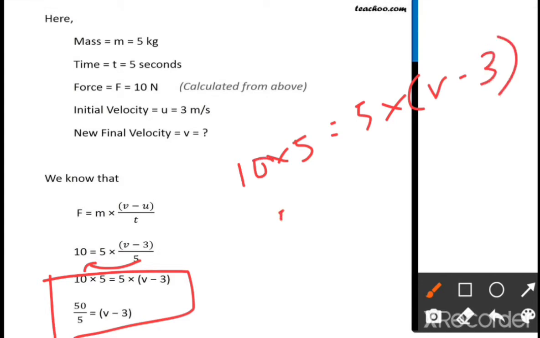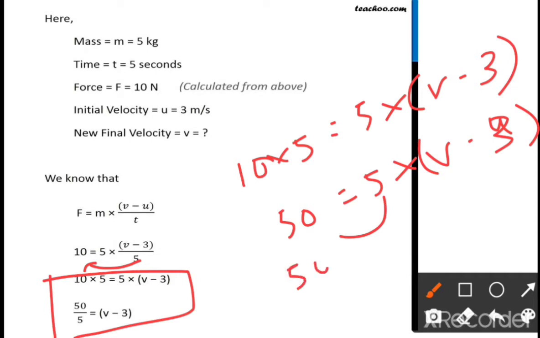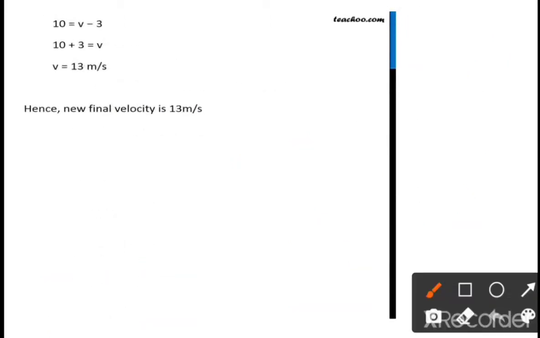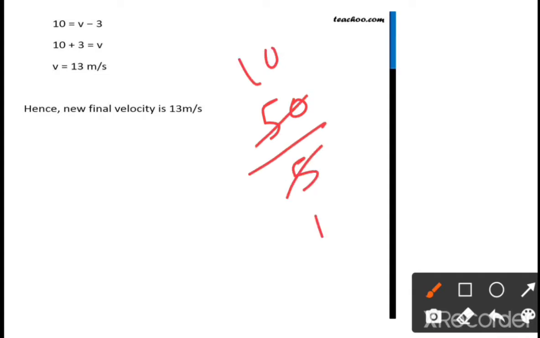So 10 into 5, 50 equal to 5 into (v minus 3). This 5 comes to the left. So 50 by 5 equal to v minus 3. When we divide 50 by 5, 1 5s are 5, 10 5s are 50.